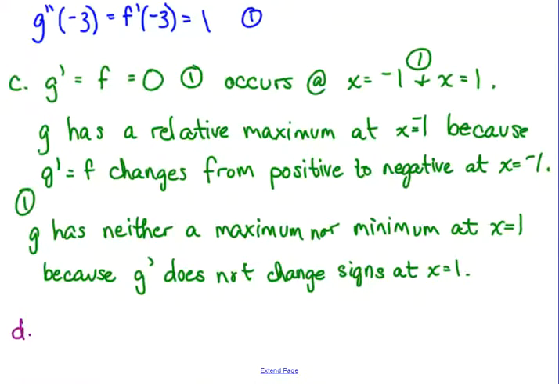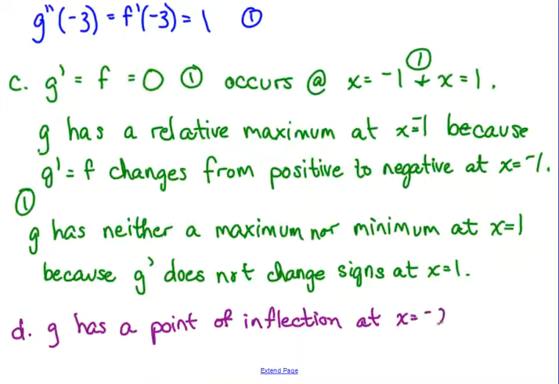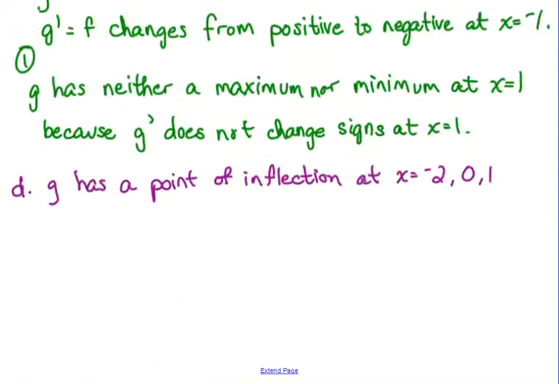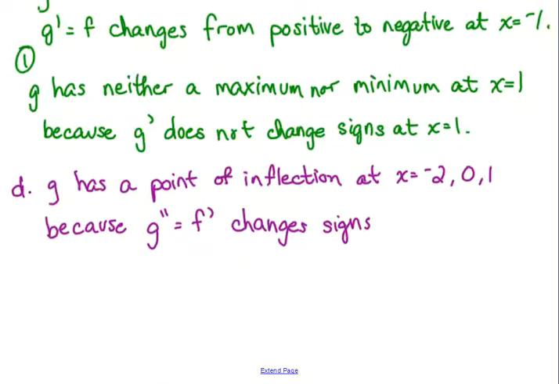So we should say G has a point of inflection at x equals -2, 0, and 1 because G double prime equals F prime changes signs at each of these values.